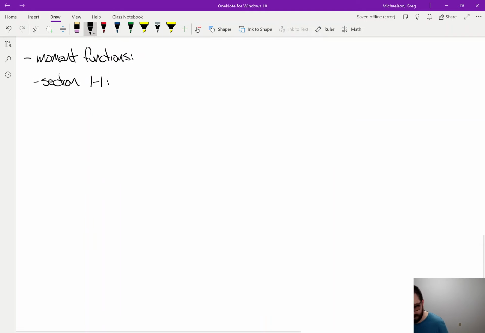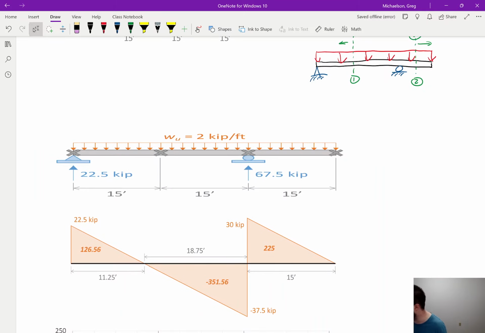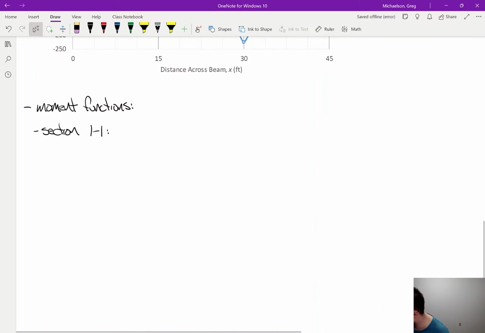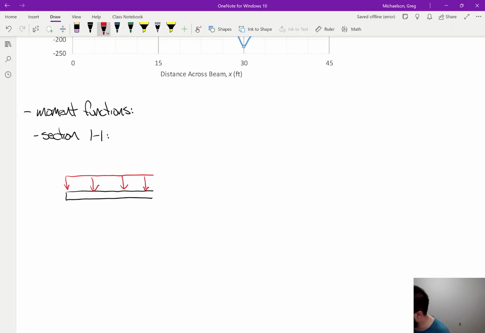Okay, so for section 1.1, let me go back up here. We're cutting a section looking to the left. So we're going to have a problem that looks something like this. Then we're going to have a distributed load like that.